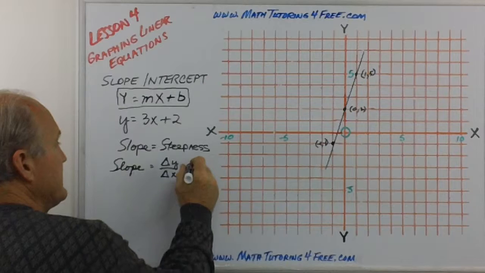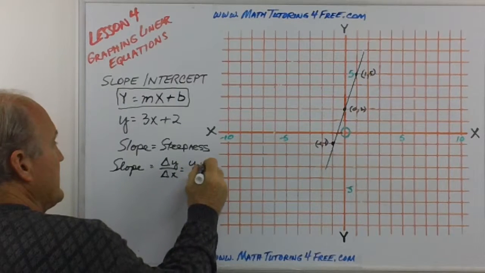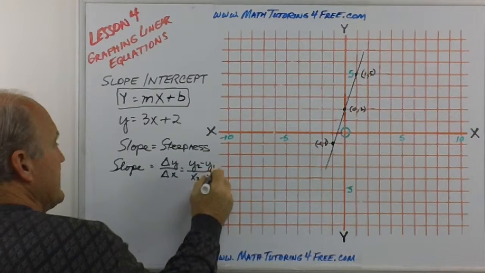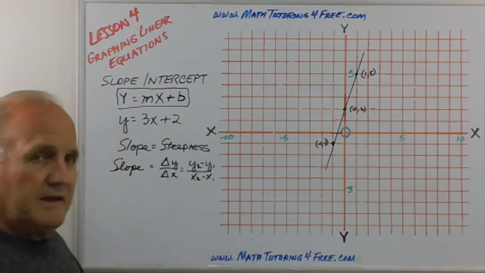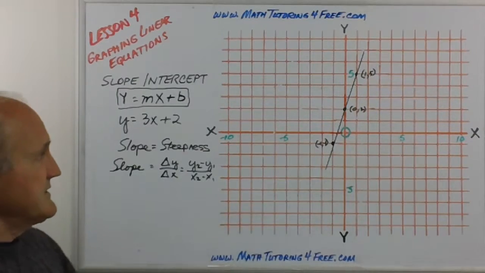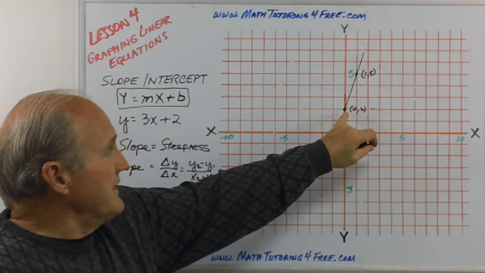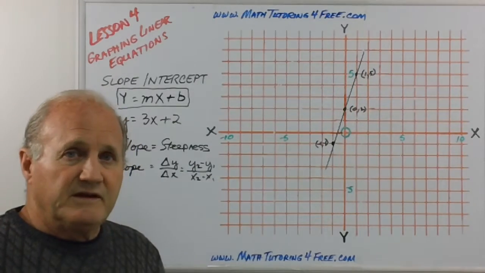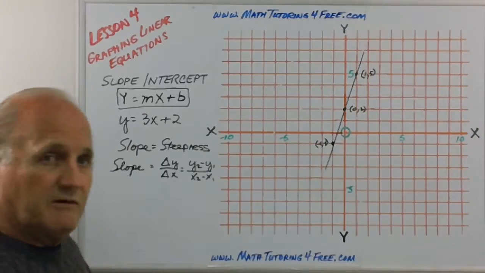Most kids first learn it as y2 minus y1 over x2 minus x1. Now, in this case, let's take some points that we know. Let's just take these 2 points, the y-intercept and the point (1, 5), and calculate the slope.